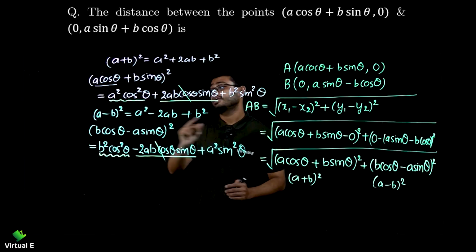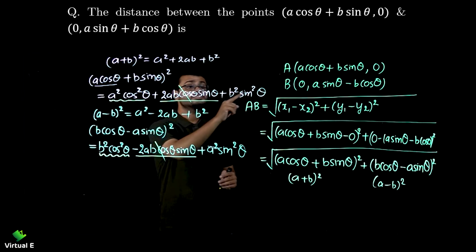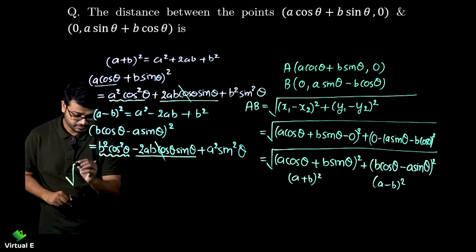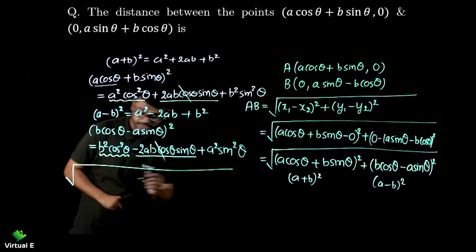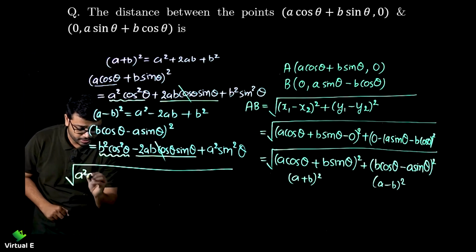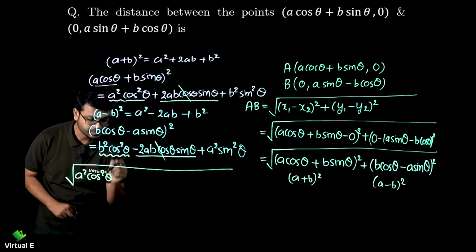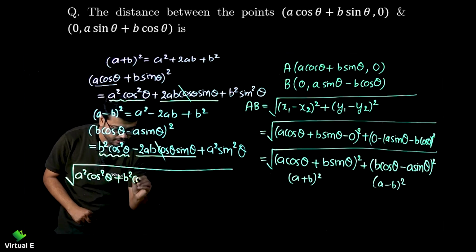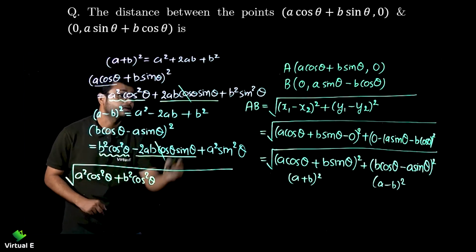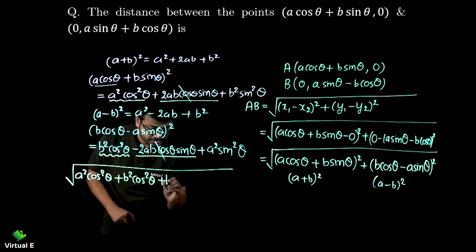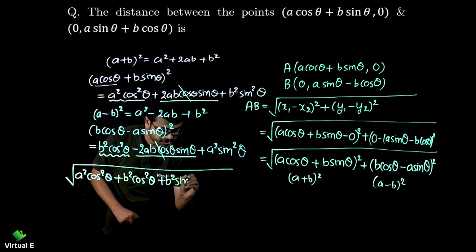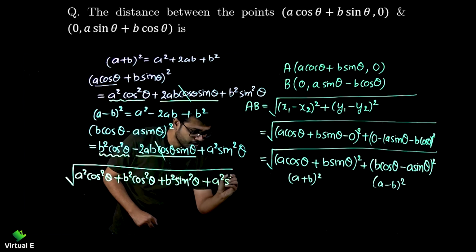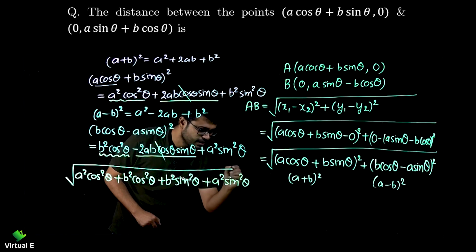What's left is a square cos square theta plus b square sin square theta. Writing under the square root: a square cos square theta plus b square cos square theta plus b square sin square theta plus a square sin square theta.